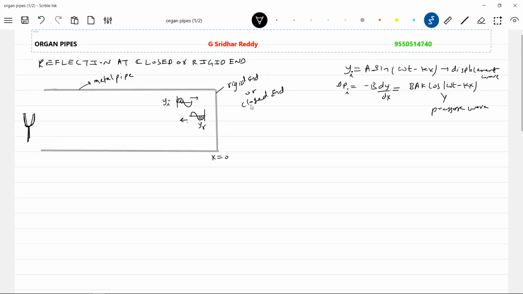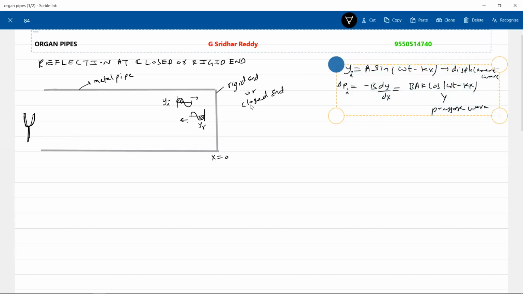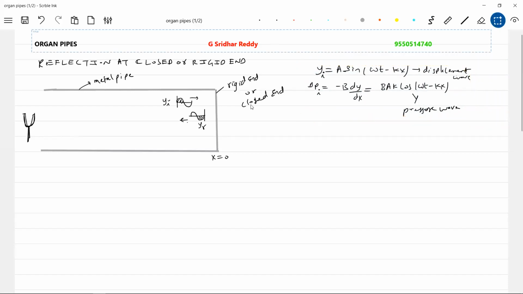Okay, can we write the incident displacement wave? It is the incident displacement wave. This is the incident pressure wave. What will be the reflected wave? Any expression for the reflected wave? yr is equal to, what is the method?